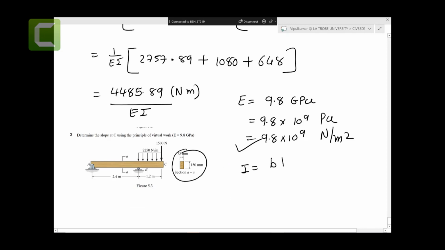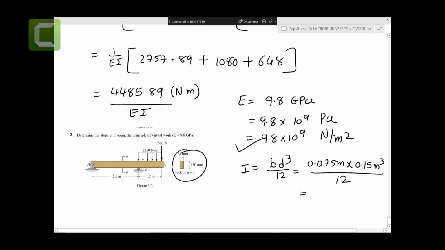So we can find b d cubed over 12. b is 75 millimeters times 150 millimeters cubed. By the way, we can just convert this into meters first. So 0.075 meter times 0.15 meter cubed over 12.